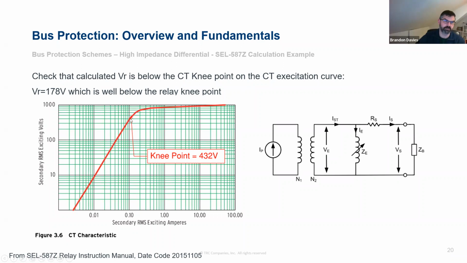Where is that compared to the voltage that we calculated for our VR quantity or set point? And ideally, you want to be some factor above that so that you can say, okay, when I have an internal fault, I can probably be pretty likely to assume I'm going to be somewhere in the ballpark of this knee point voltage, because that's the voltage the CTs are going to be able to drive to that circuit.